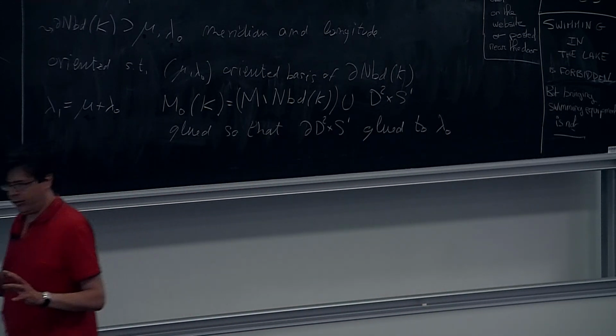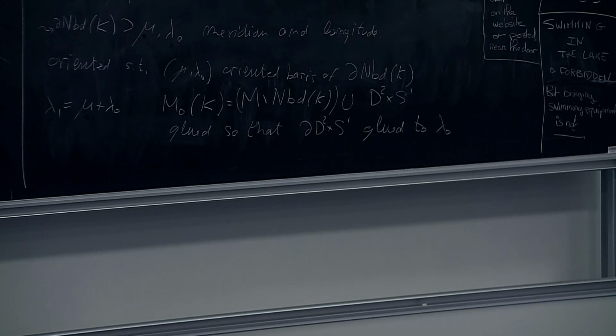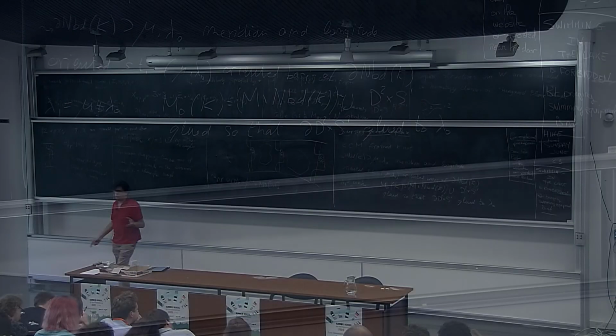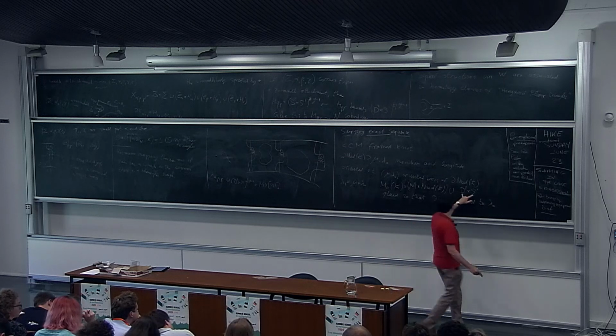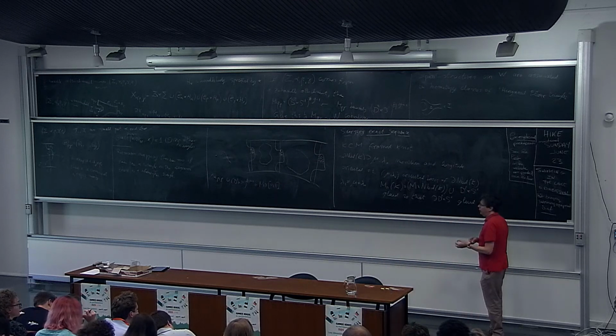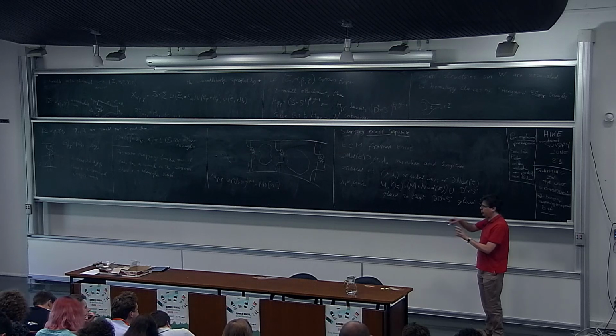To specify the resulting manifold up to diffeomorphism, it's enough to specify how we glue the meridian, because how we glue the rest of the torus doesn't really matter up to diffeomorphism.